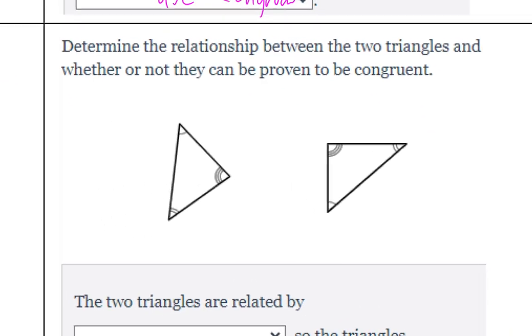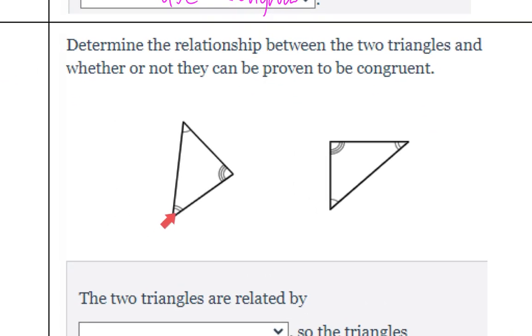All right, so let's check this one out. What do we notice about this one? That's an angle of 2, angle of 3, angle of 1, right? So we're going to say angle, angle, angle. It doesn't matter which one I start with.